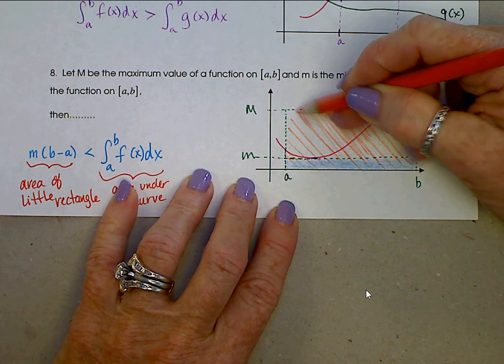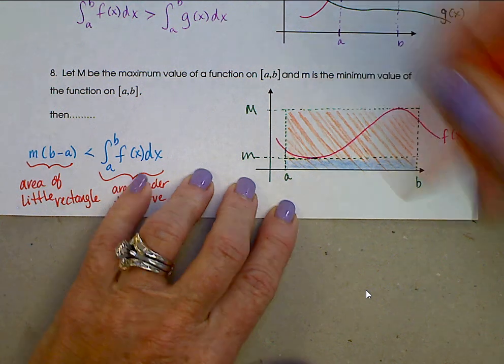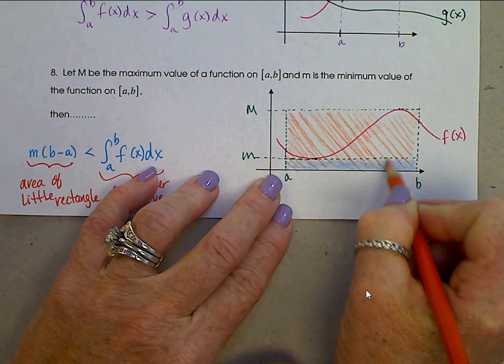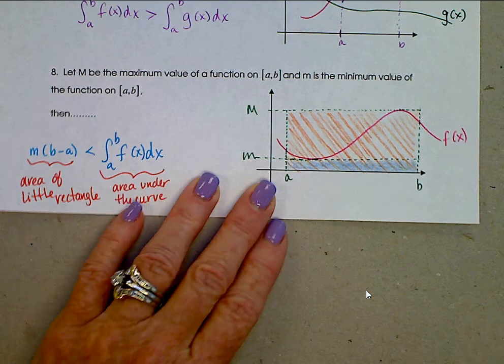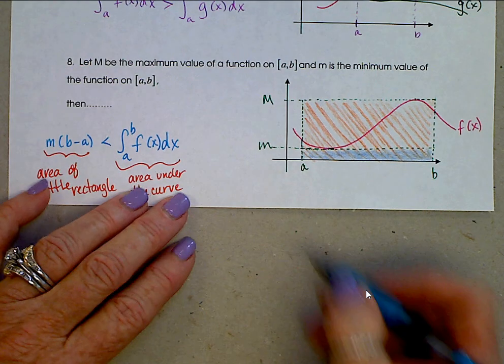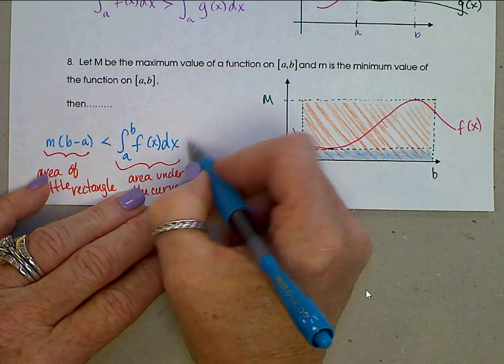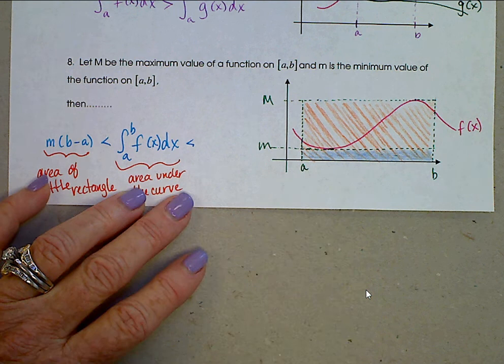The area of that big rectangle is clearly bigger than the area underneath that curve. The height of that big rectangle is big M. The width is b minus a, and that is larger than the area underneath that curve.